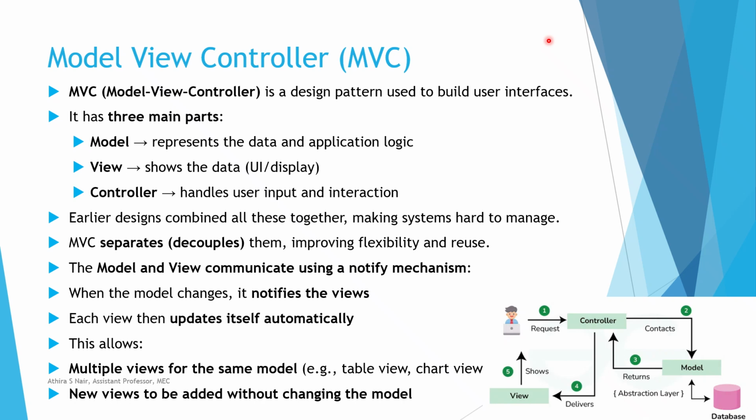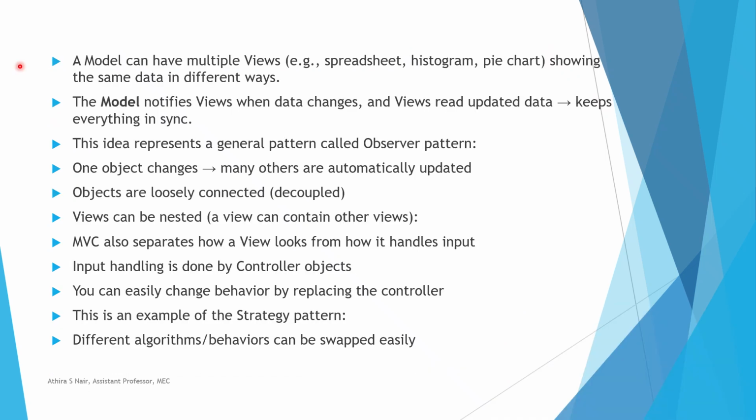This approach lets you attach multiple views to a model to provide different presentations, and you can also create new views for a model without rewriting it. So a model communicates with its views when its values change, and the views communicate with the model to access these values.